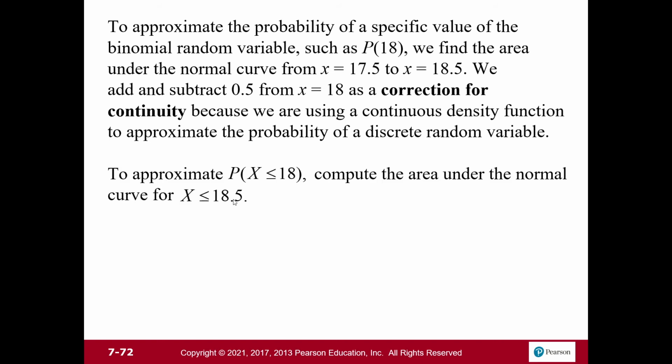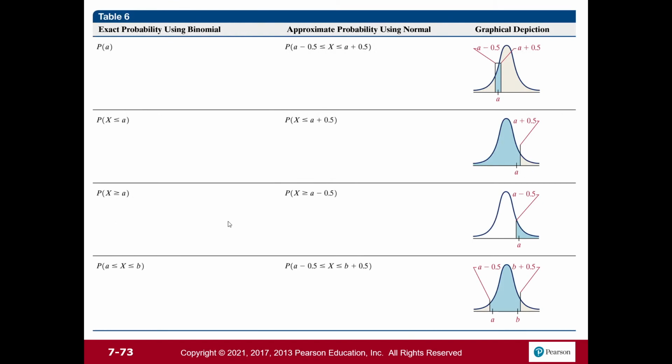So to approximate x is less than 18, compute the area under the curve for 18.5. To approximate x is greater than 18, we compute the probability of x is greater than 17.5. And so here's what's happening. As you can see, the exact value we would get, minus 0.5 plus 0.5.